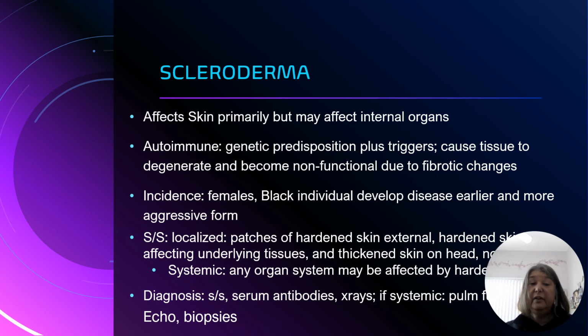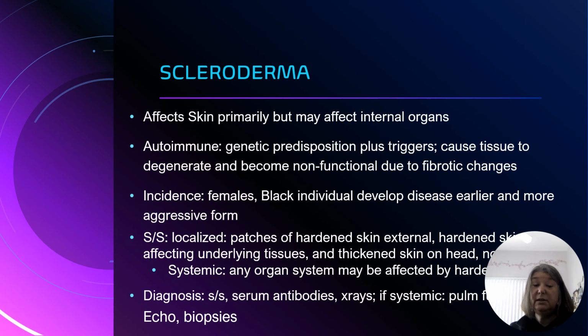Incidence is related to females more than males. Black individuals tend to develop the disease earlier in life and are likely to have more diffuse disease with a worse prognosis. So diffuse disease, instead of just being on the skin, it's going to attack those internal structures.